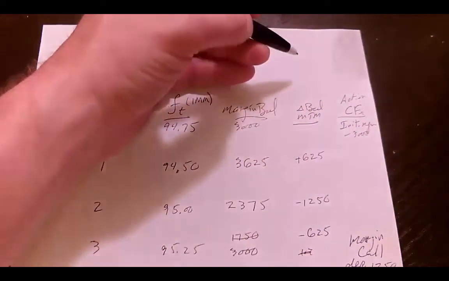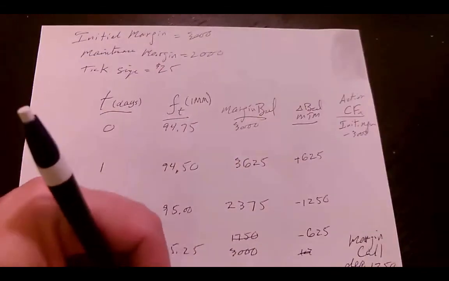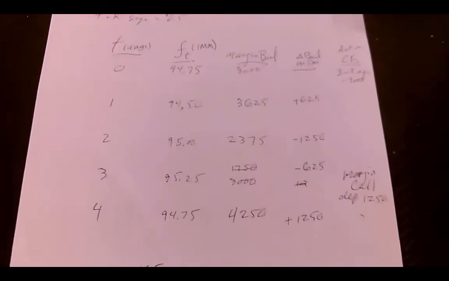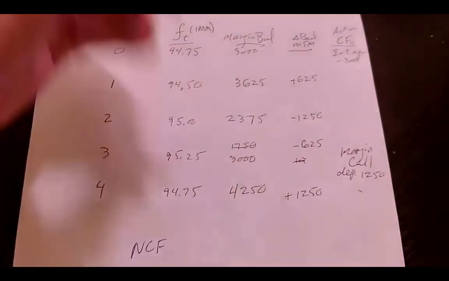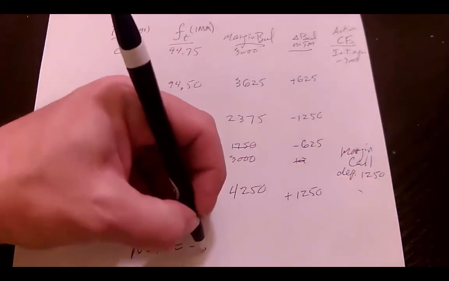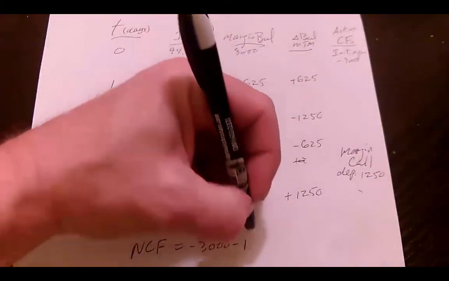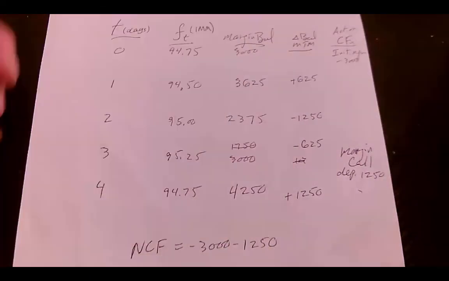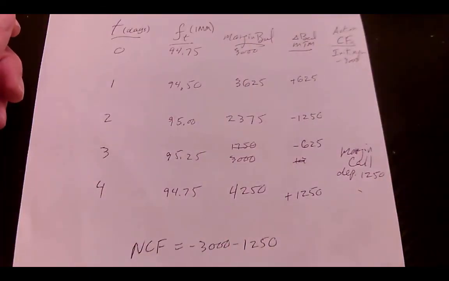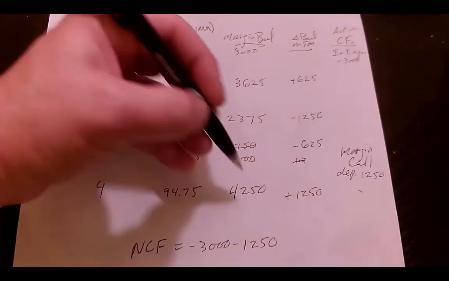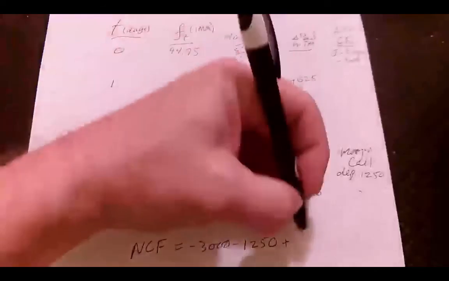We can also see though that our net cash flow, well, we had to deposit 3,000 at the beginning. We also were required at the end of day 3 to deposit another 1250 due to the margin call, and then at the end of it, assuming we close out our position at the end of day 4, we get a positive cash flow of 4250.